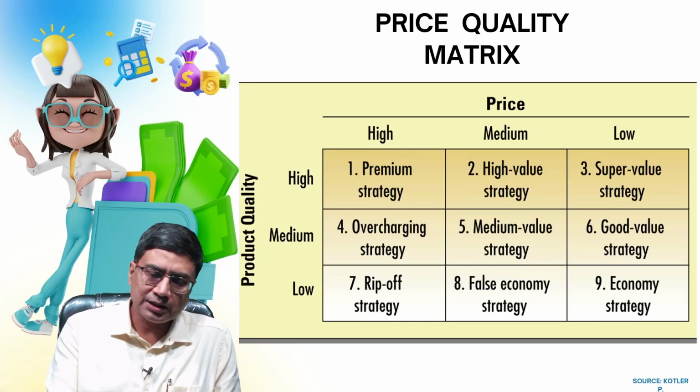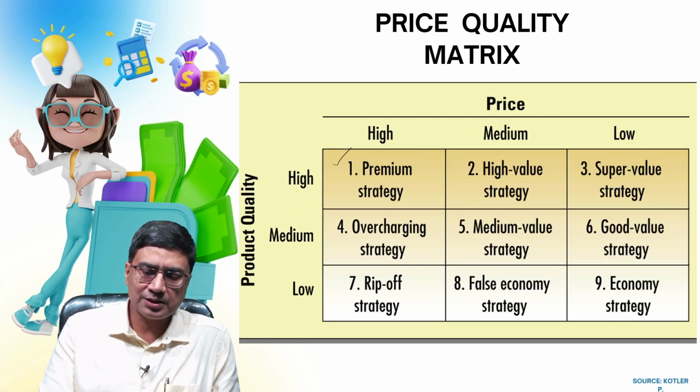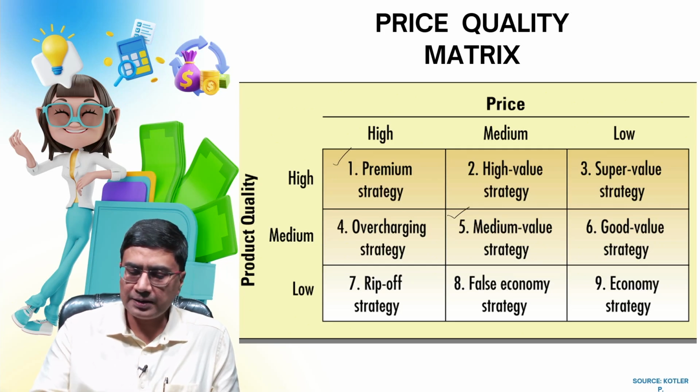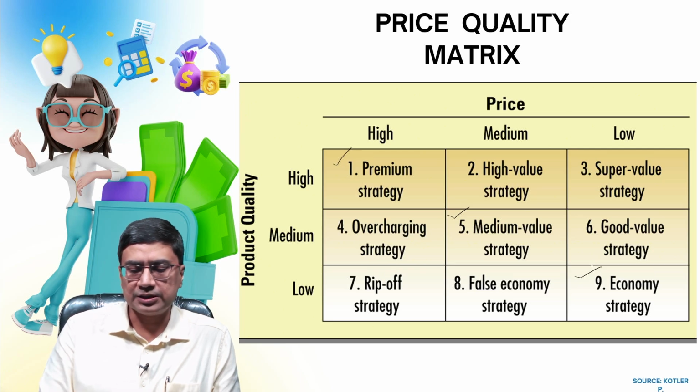Just try to see the meaning of this matrix, which is denoted very beautifully by the interaction of these two parameters with three possibilities. Now, just see, if price is high and quality is high, it is a premium strategy. If price is medium and quality is medium, it is a medium value strategy. If price is low and product is low quality, it means economic strategy.